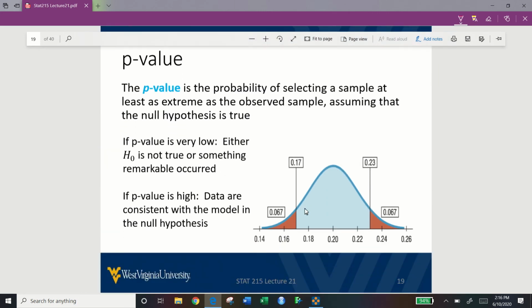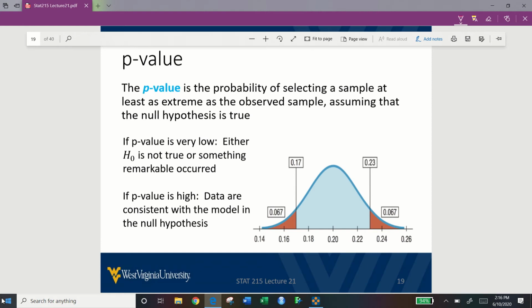So what is a p-value? The p-value is the probability of selecting a sample at least as extreme as the observed sample, assuming that the null hypothesis is true. We did the p-value method in our example, roughly. If our p-value is very low, either the null hypothesis is not true or something remarkable occurred.